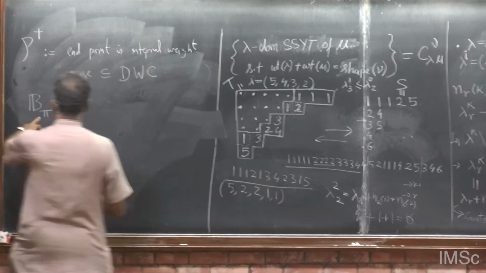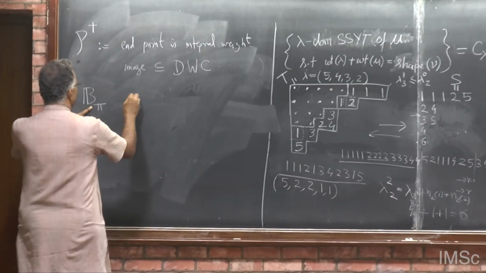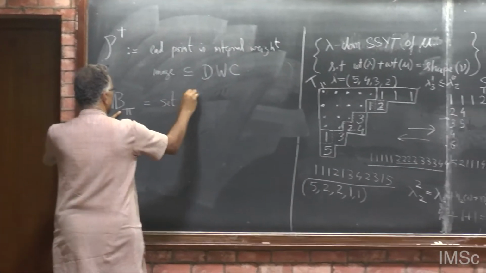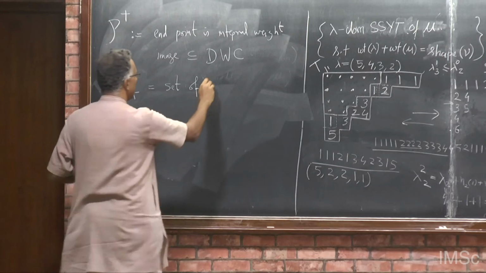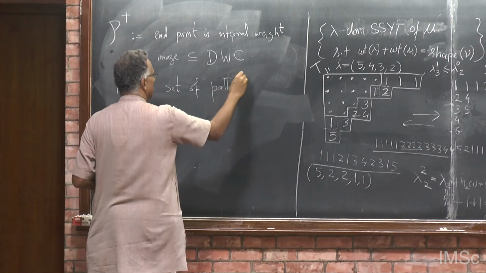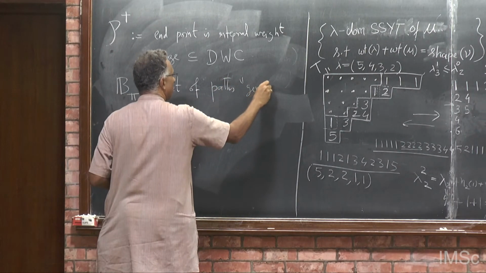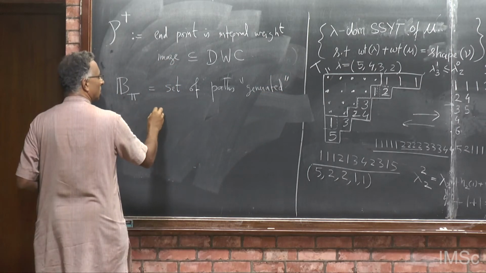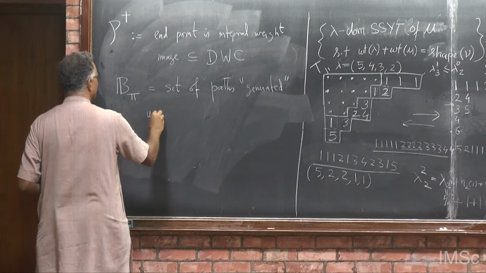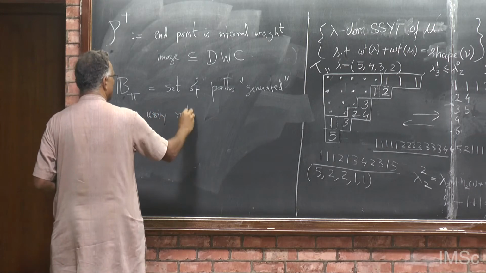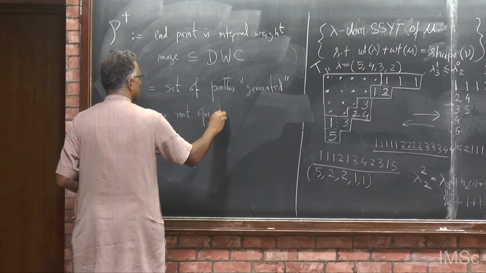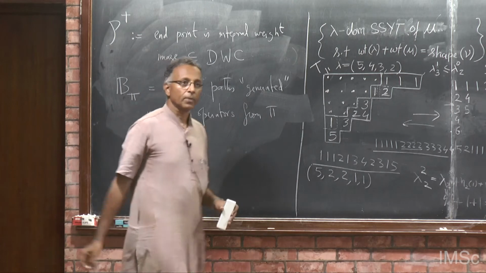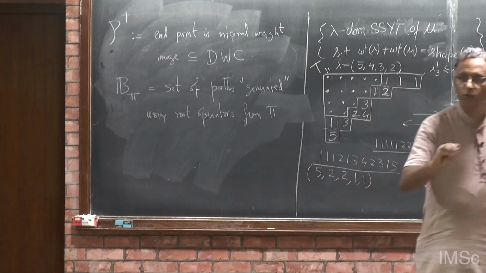So this is the set of paths, let me use a slightly different language today, set of paths, let's say, generated by using root operators from pi. Of course, if sometimes it vanishes, you don't take that.